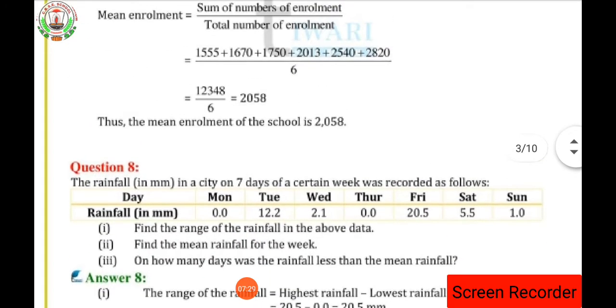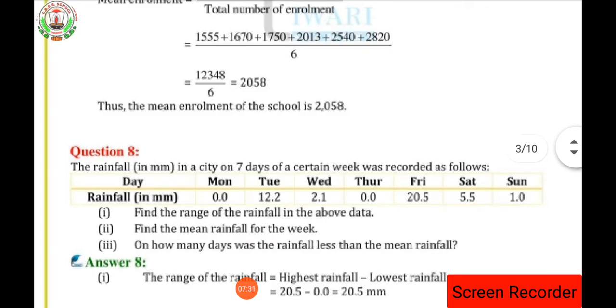Okay, next one, question number 8. In question number 8, the rainfall in millimeter. Remember, students, what is the full form of millimeter. The rainfall in millimeter in a city on 7 days of a certain week was recorded as follows, Monday to Sunday, in tabular form.